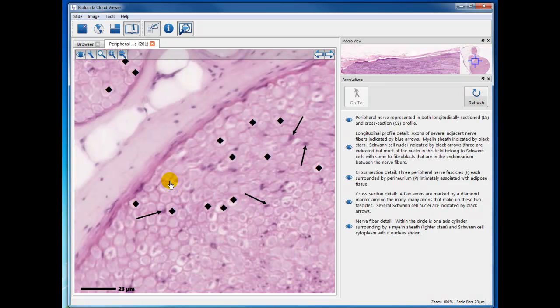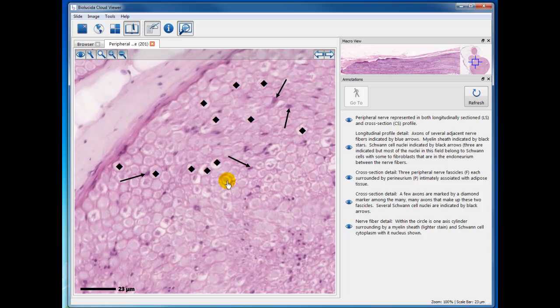So a perineurium wraps one connective tissue fascicle, and here are the collagen component and the modified fibroblasts that really are connected with tight junctions to seal off this peripheral nerve from the surrounding tissue. And each one of these little dark diamonds marks the inside of a peripheral nerve.